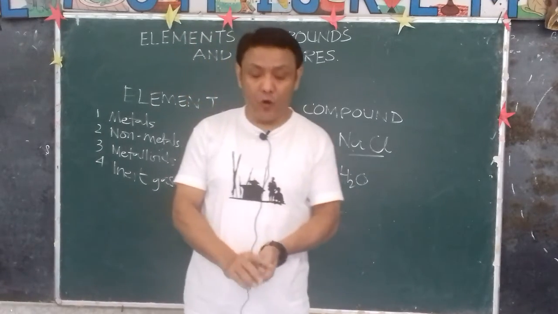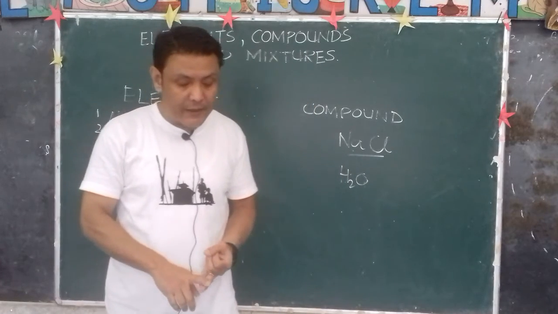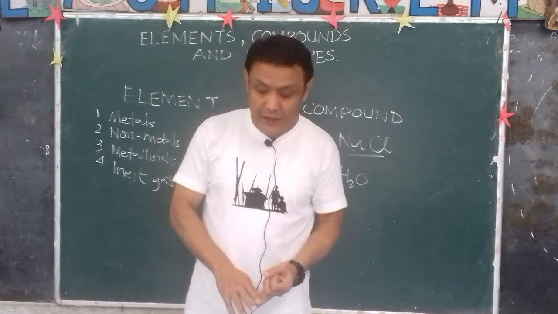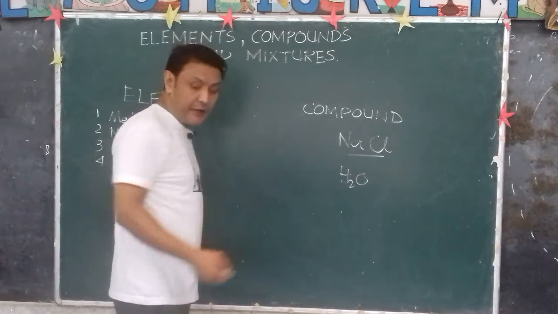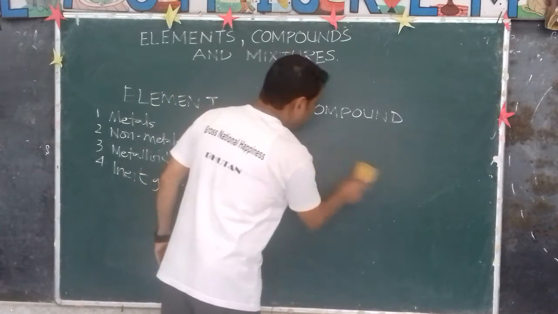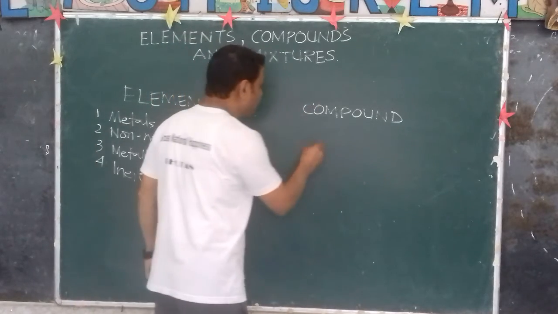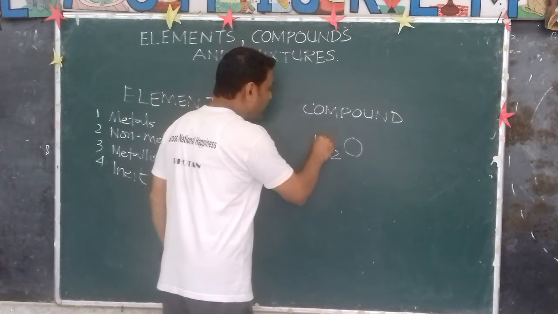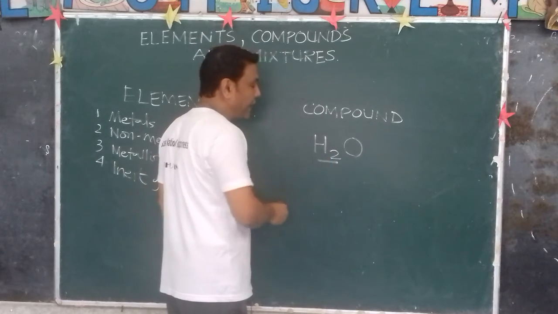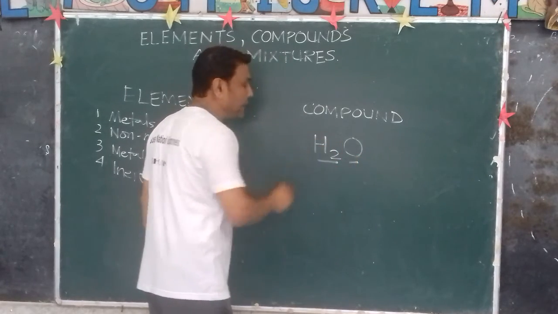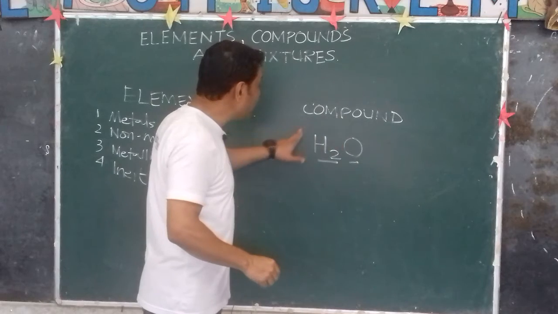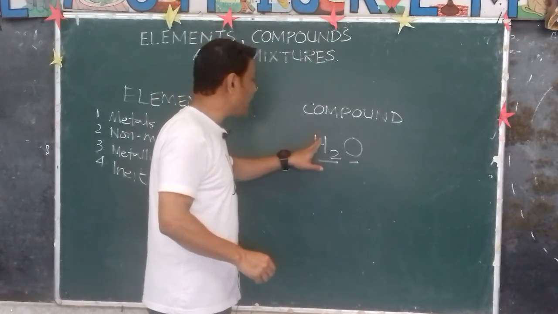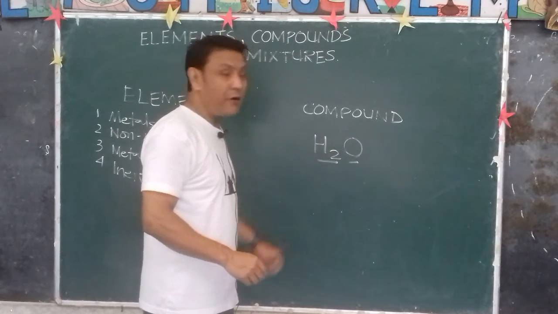A compound is made up of two or more elements. Number two, a compound is always made up of the same elements combined in a fixed proportion. I forgot to tell you about the fixed proportion, for example, water. Again, very simple, very important, very commonly found compound. Water is made up of two atoms of hydrogen and one atom of oxygen. H2O means one molecule of water. In that one molecule of water, it is always made up of two atoms of hydrogen and one atom of oxygen.